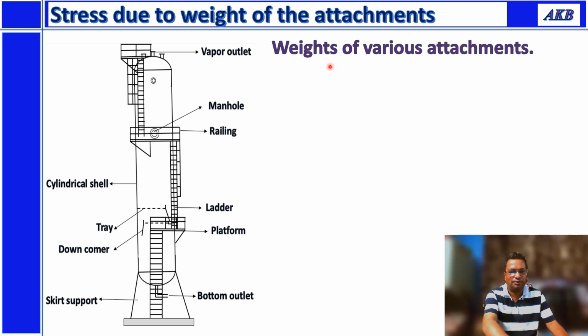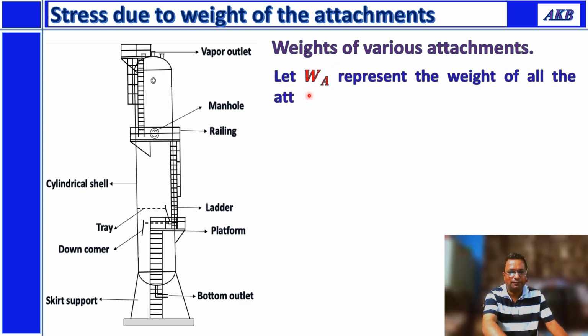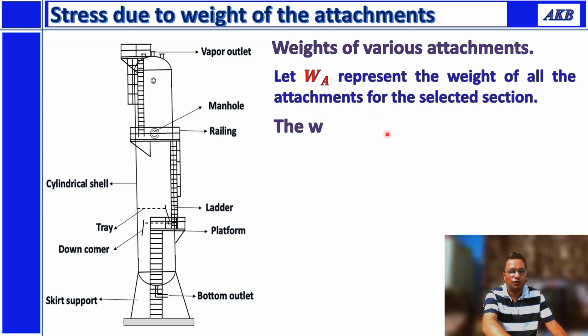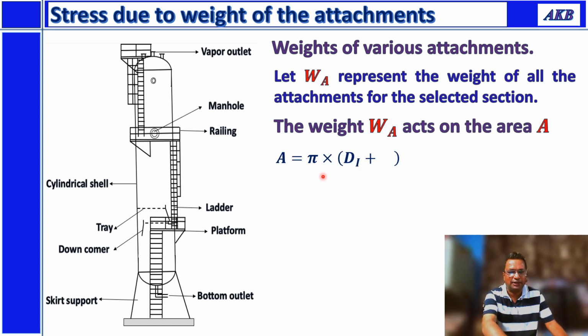Let us consider all the attachments and denote the weight by WA. Let WA represent the weight of all the attachments for the selected section, and this weight will be acting on the area, that is again pi into (Di plus ts) into ts.